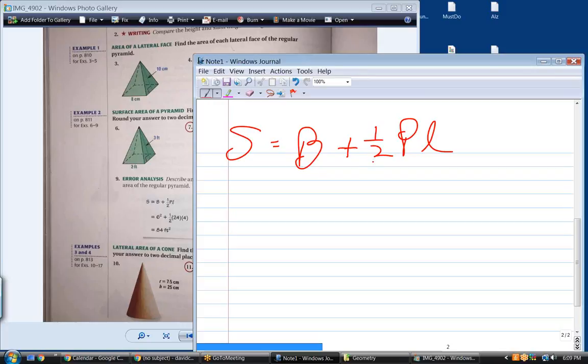So if we want number 3, this measurement of 10 centimeters, that's lambda. Okay. Notice how it's measured. It's not a vertical. You don't drop a vertical from the vertex straight down. That is not lambda. Lambda is the lateral measurement.